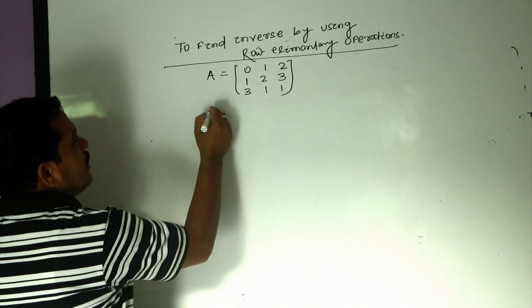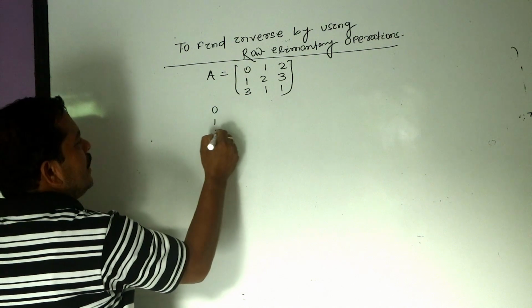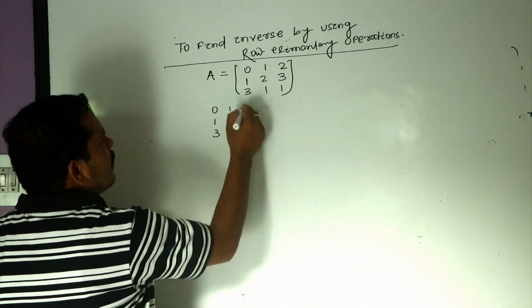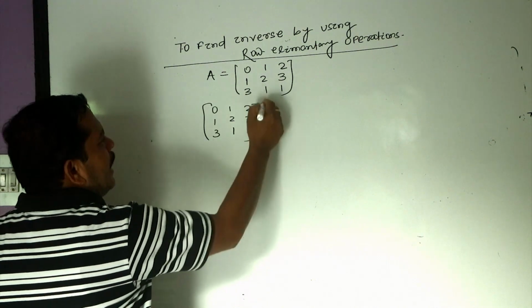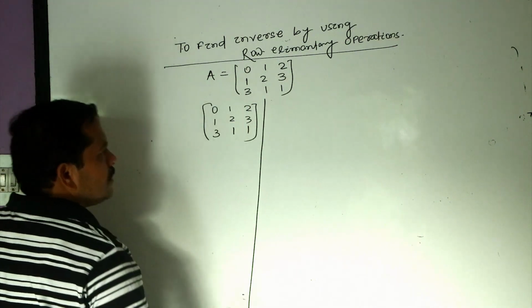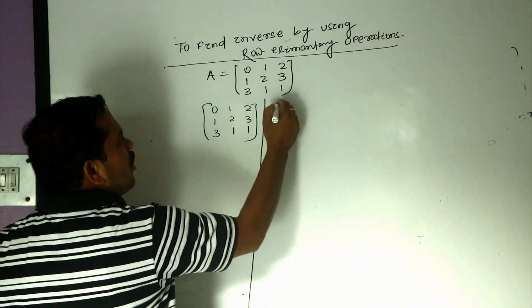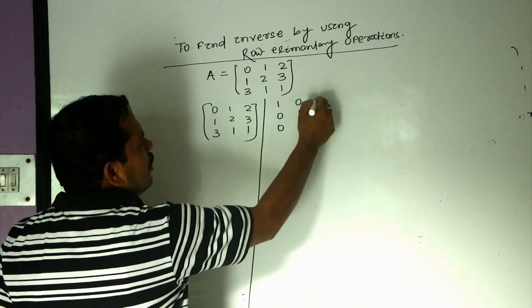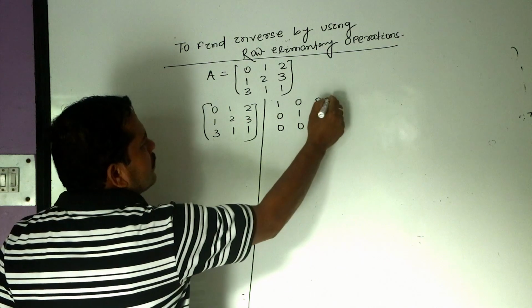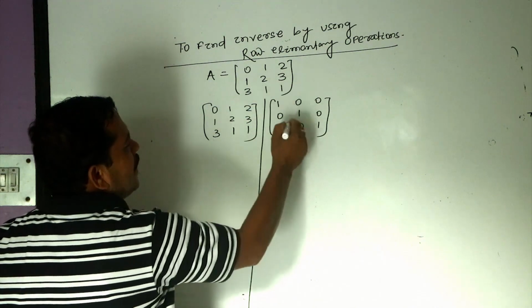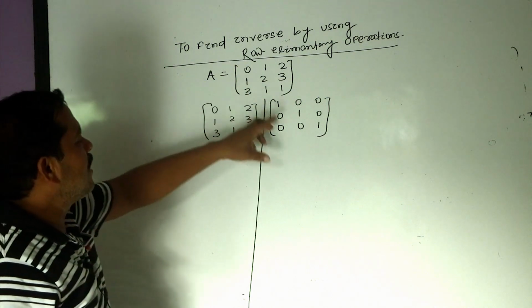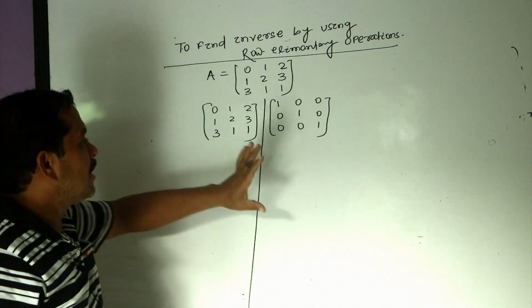First you write 0, 1, 2, 1, 2, 3, 3, 1, 1 here, and you draw a line and write the same order unit matrix here. If it is a 2 cross 2 matrix, you write 1, 0, 0, 1. If it is a 3 cross 3 matrix, write a 3 cross 3 unit matrix.